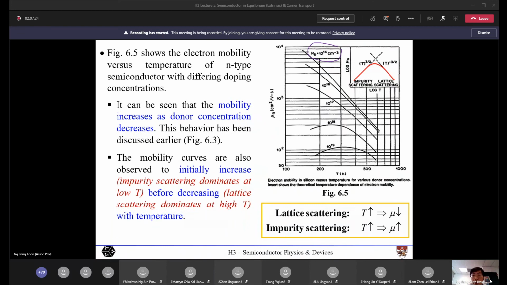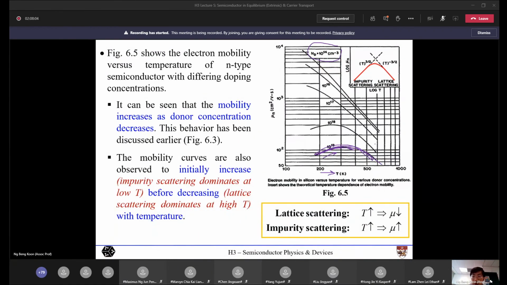The graph on the upper part is for lower doping. Remember, the doping itself decreases the mobility, so if you have lower doping, the mobility is higher. As you go to higher doping, you get this scenario where at low temperature, as you increase the temperature, the impurity scattering is the dominant component, and your mobility goes up.